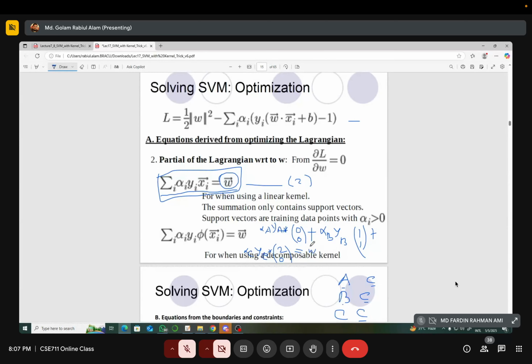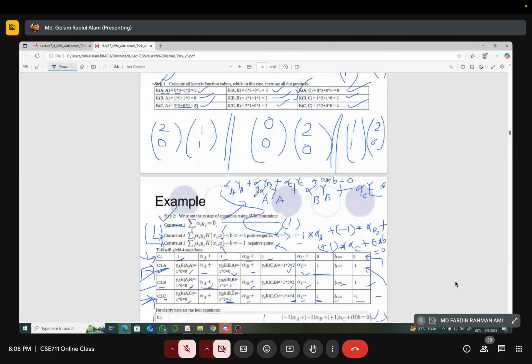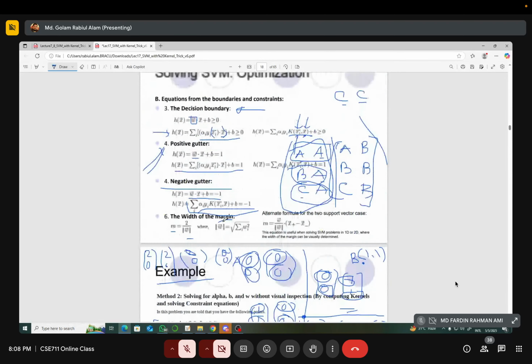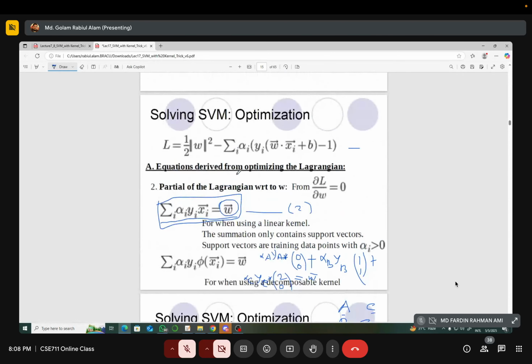So now we want to find out the value of the w here. Alpha a, the value of alpha a, we have already determined. Alpha a is 0. Okay, so we can write it like this: 0 times ya.